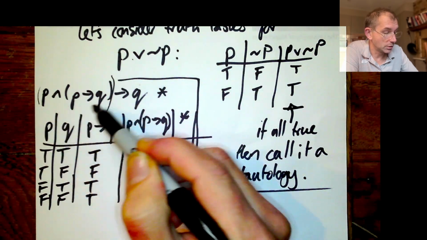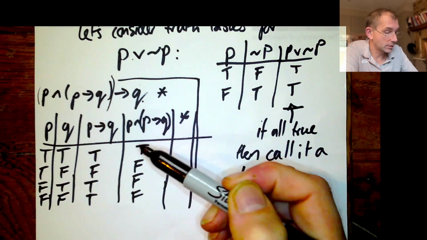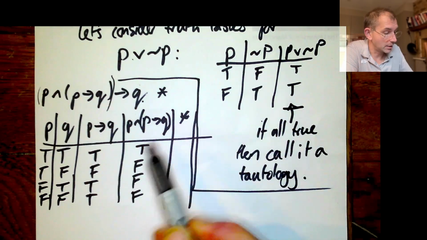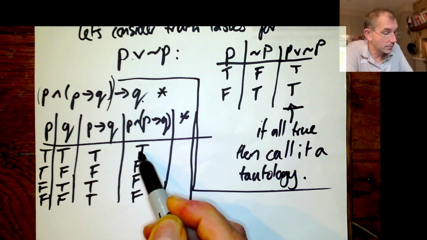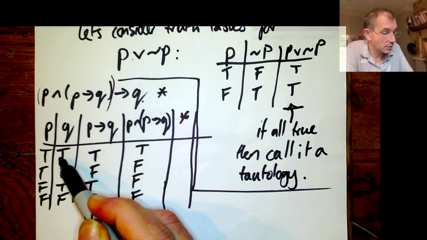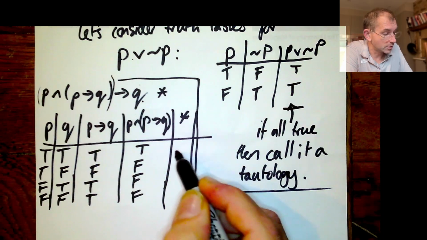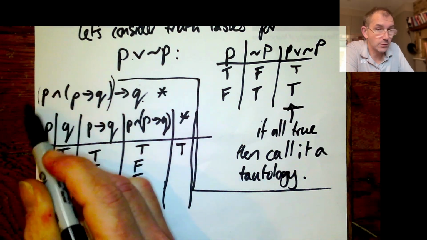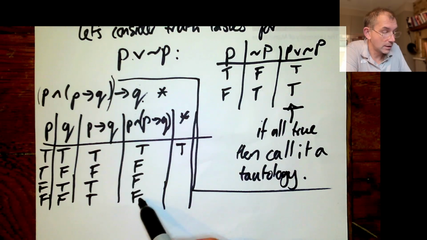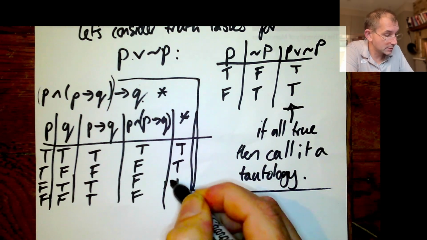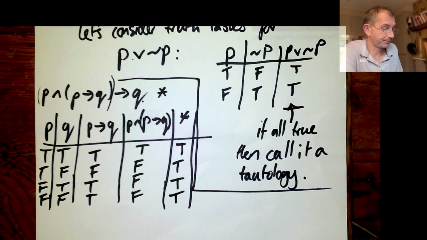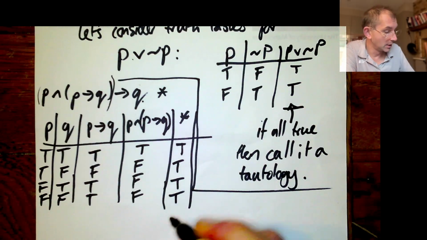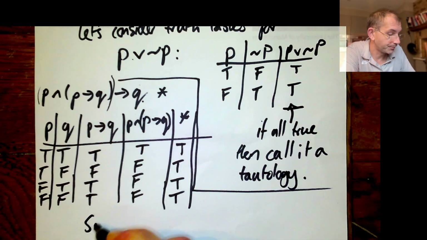So we want to look for when that's true, and work it out from there. So here it's true, and Q is true, so we're true. Otherwise, this first thing is false, so always this has to be true. Okay, and so this is a tautology.